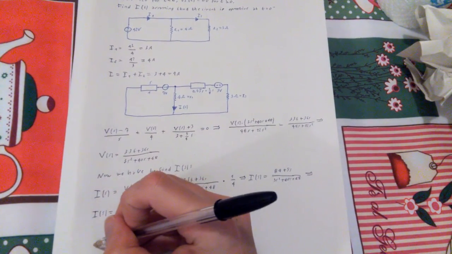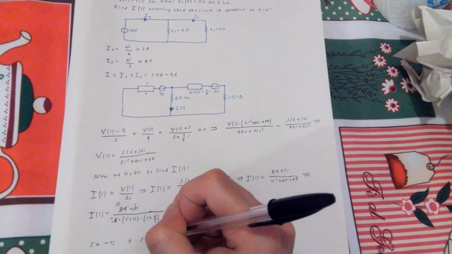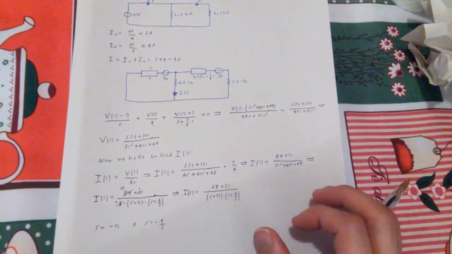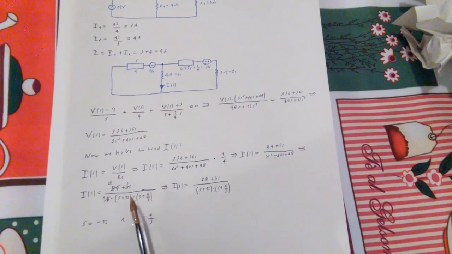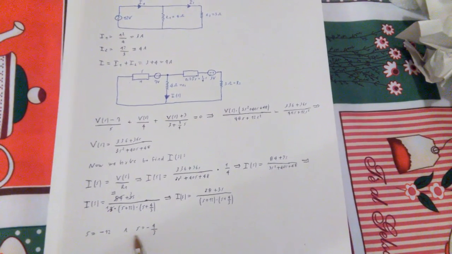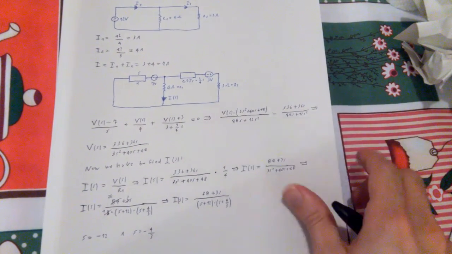In fact, we can say that s is equal to negative 12 and s is equal to negative 4 over 3. Now we're going to do the same thing, just like before. We're going to apply the clever trick in order to find the poles, now that we have the roots and I of s.